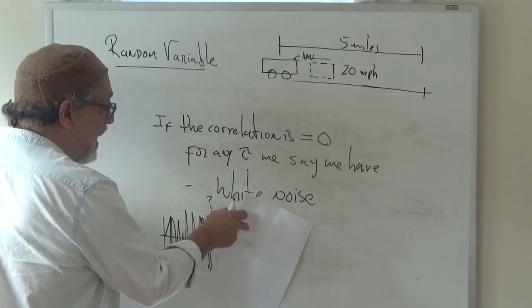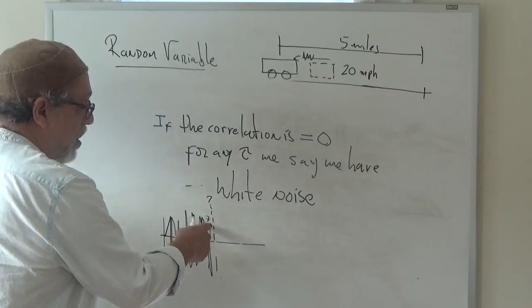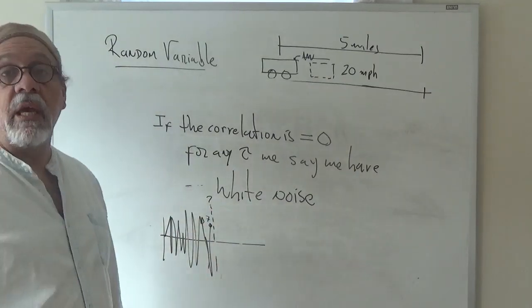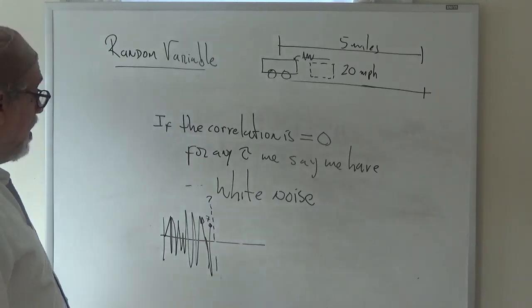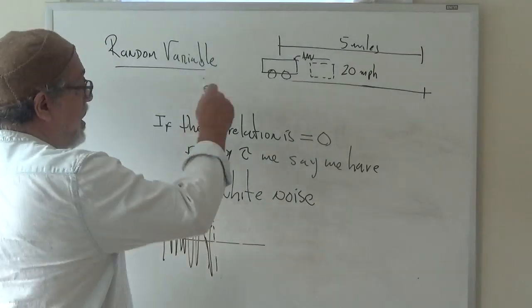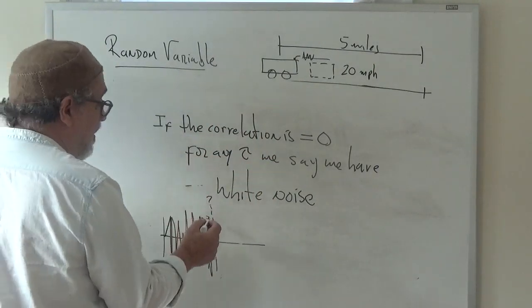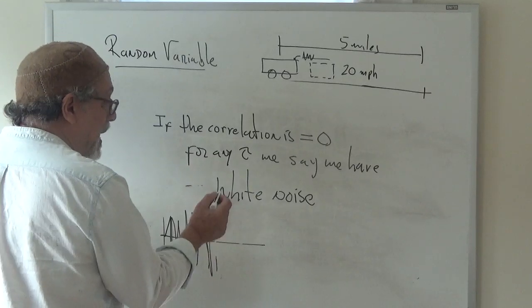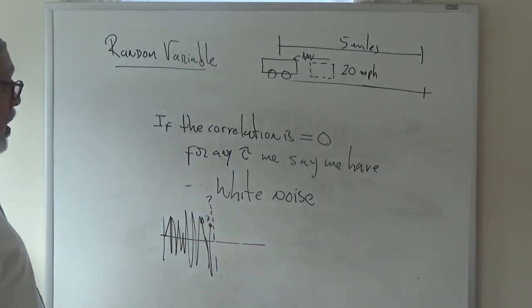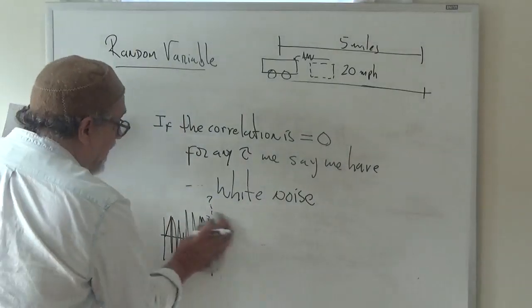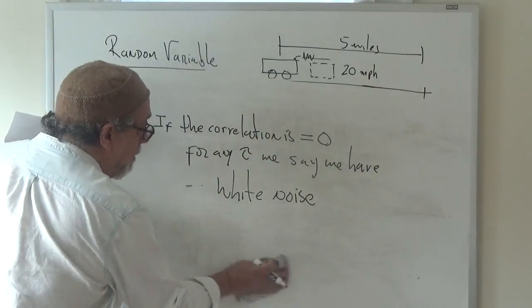If the signal is white, the fact that this was 7 doesn't tell me anything. It could be 22 or minus 15. As opposed to, of course, a nearly sinusoidal signal, in which if I know it's 7, I normally have a pretty good idea that the next number is not minus 20. So this is what we mean by white noise.